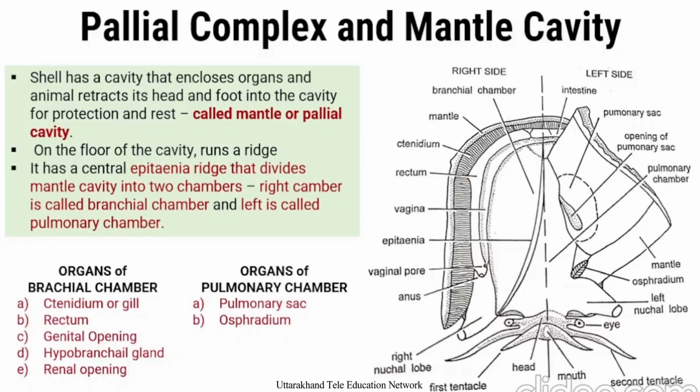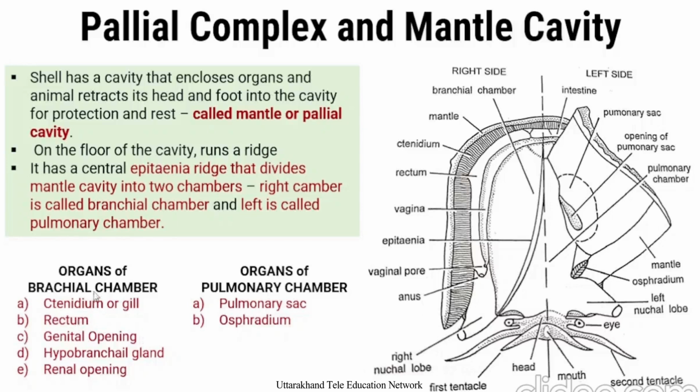And the mantle cavity lodges many important structures, which are known as the organs of the pallial complex. So now you understand that this mantle cavity forms the branchial chamber and the pulmonary sac, and together it has many important structures which are known as the pallial complex.